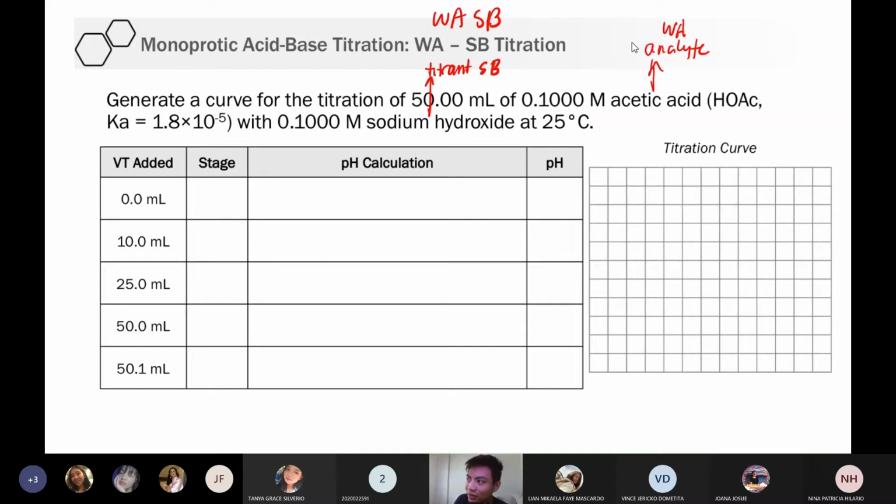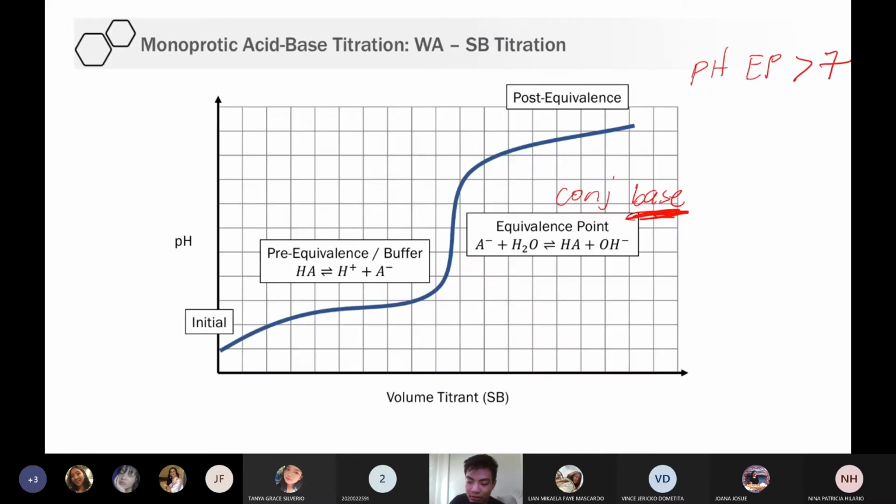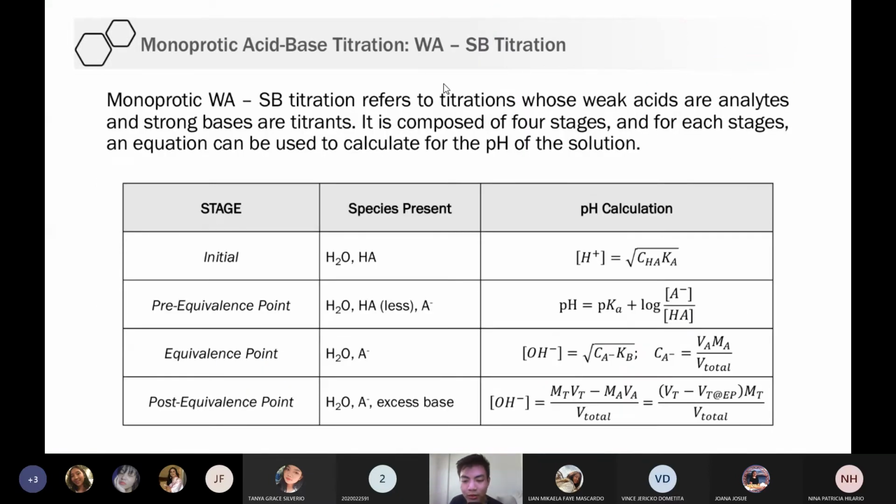Again, kung ano mauna, yun yung mauuna dito sa abbreviation: analyte, titrant, weak acid, strong base. Since you know the condition, ito na yung 4 na equations na gagamitin natin. Important na alamin mo kung ano yung species present. Strong ba sila or weak? Sino yung analyte, sino yung titrant?